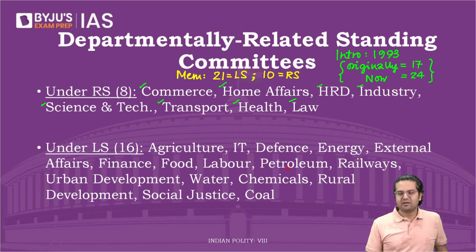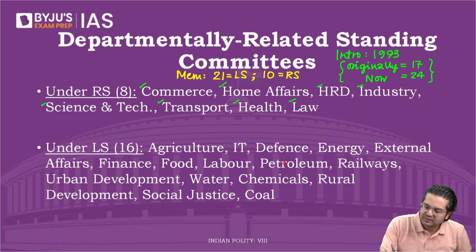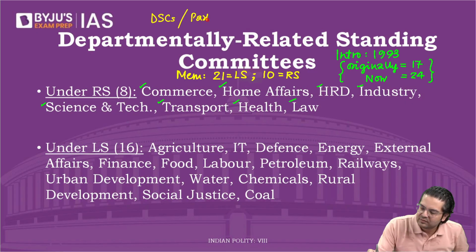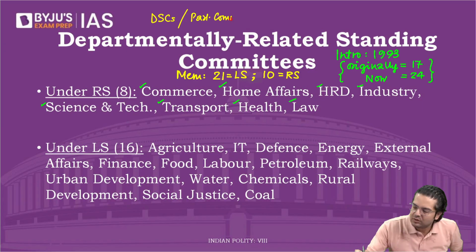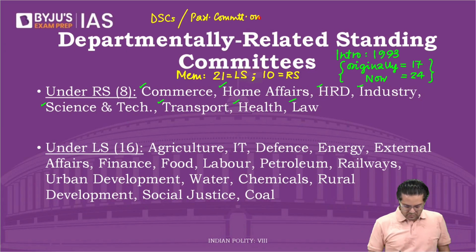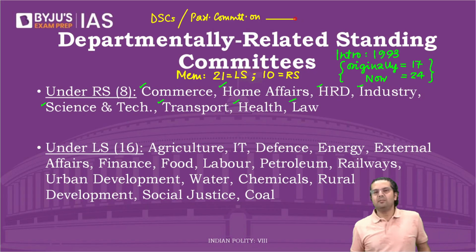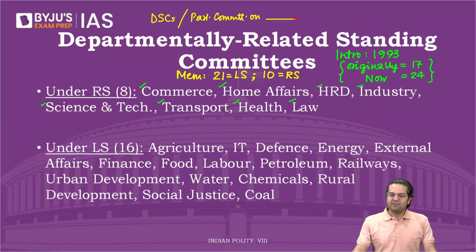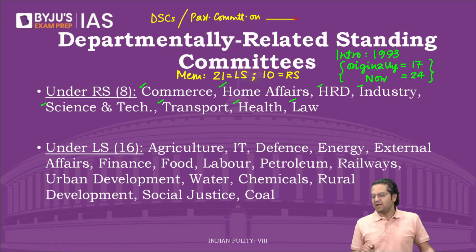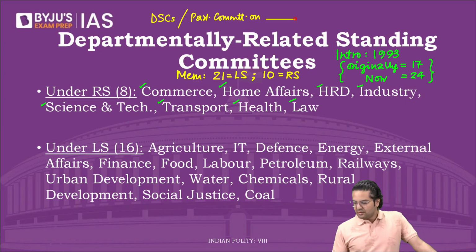Agriculture, food, labor, etc. That's why in the news sometimes you may also find them mentioned as DSCs, or they are most commonly called Parliamentary Committee on some topic. So if it's finance, they'll say the Parliamentary Committee on Finance, the Parliamentary Committee on Health. So don't be confused. They are referring to DRSC only. The correct term is DRSC, Departmentally Related Standing Committees.